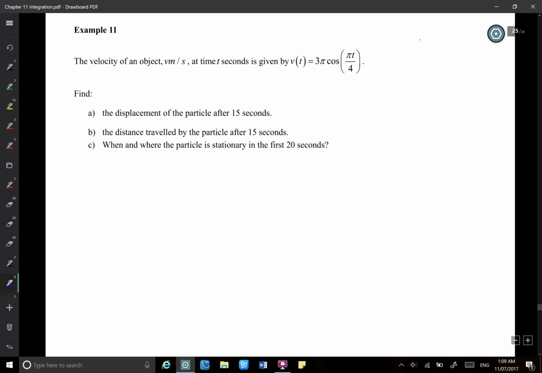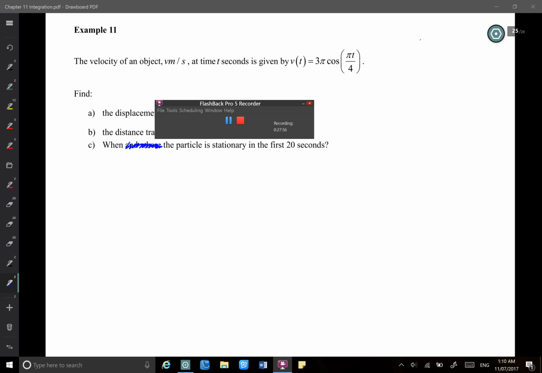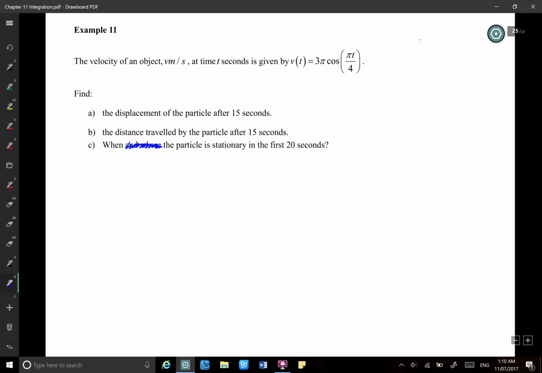Let's have a look at the next one. The next one is a very similar question, but I just want to change something first. The velocity of an object, v meters per second, at any time is given by that equation.